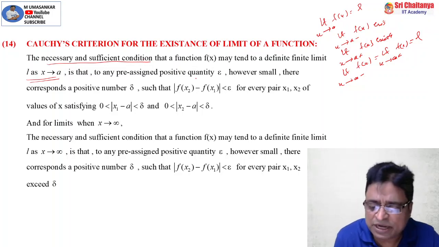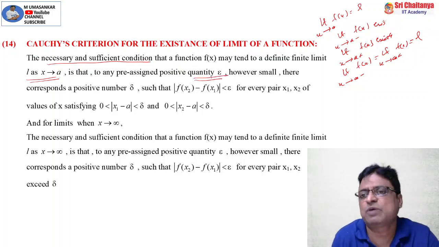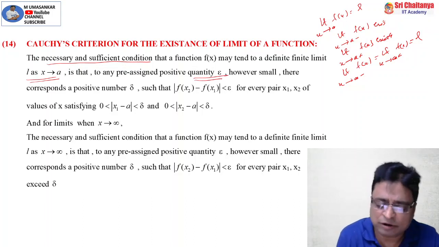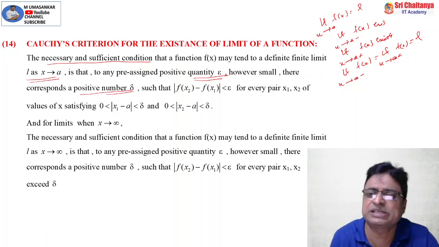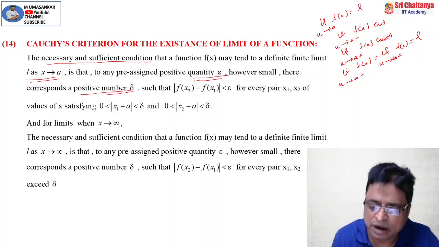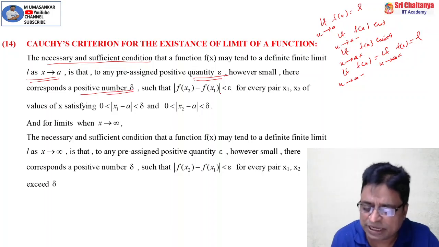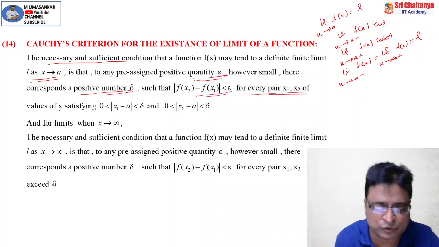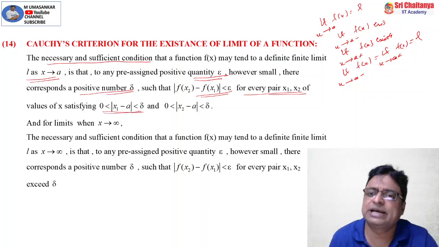You take any epsilon greater than 0, however small it may be, then there exists a delta greater than 0, which depends upon epsilon, such that mod of f of x1 minus f of x2 is less than epsilon for every x1, x2 which satisfy 0 less than mod x1 minus a less than delta and 0 less than mod x2 minus a less than delta.